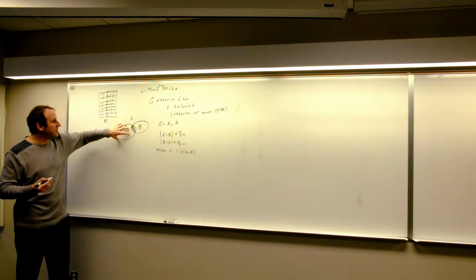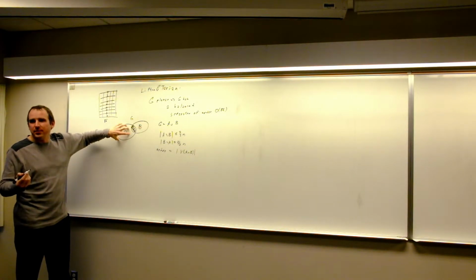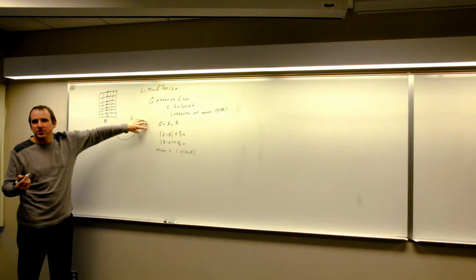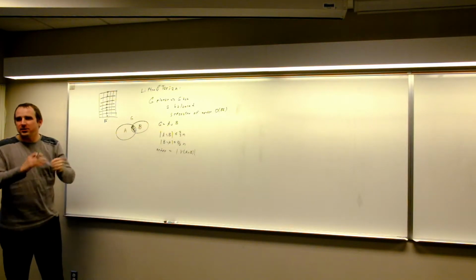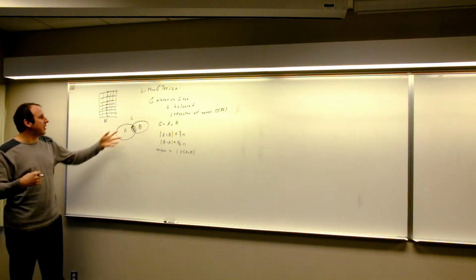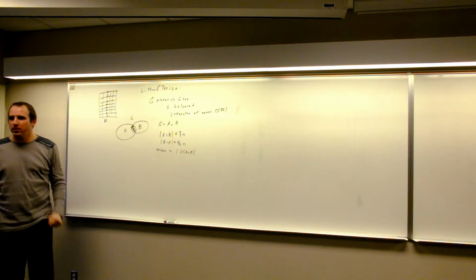Find recursively the size of the largest independent set here and the size of the largest independent set here, and combine things together, and you will get the largest independent set in your graph G.